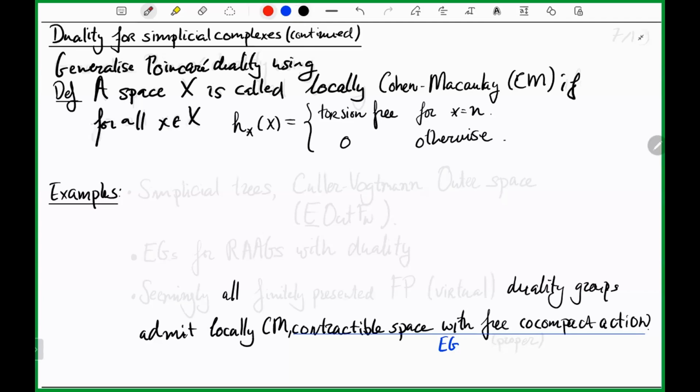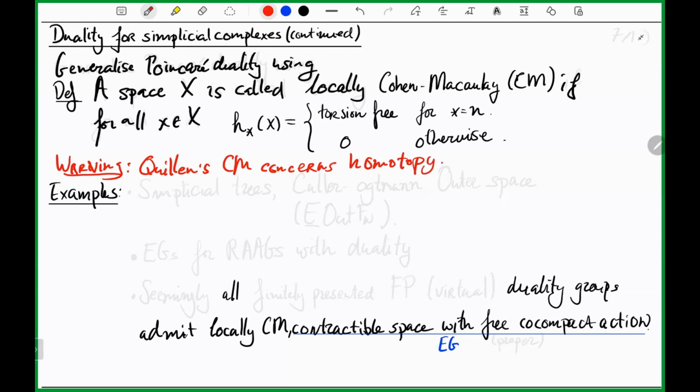There's maybe a little warning to give here, which is that Quillen also has a notion of Cohen-Macaulay, but that is phrased in terms of the links of points, and so that's homotopy information, not homology information.